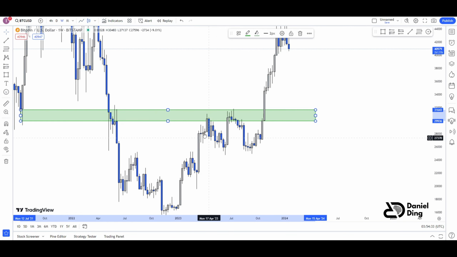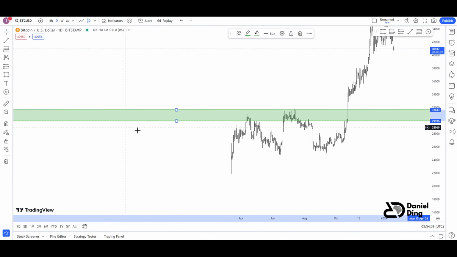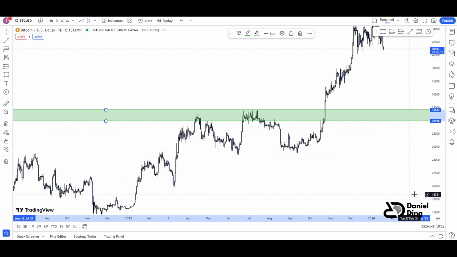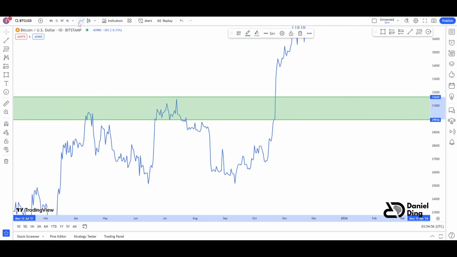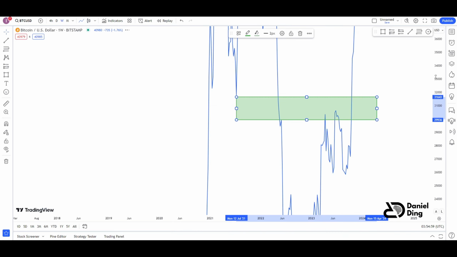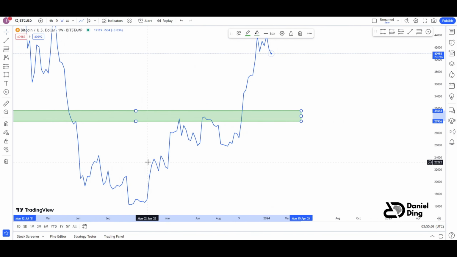You can see in the weekly candles, the price fell. If you look at the daily candles, price tested perfectly once, twice, and on the third time, the price broke the weekly base. So the green rectangle is the weekly base. Remember this.